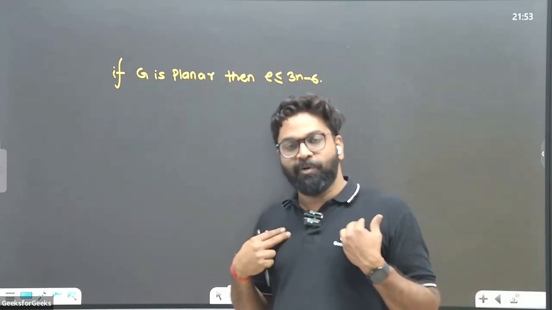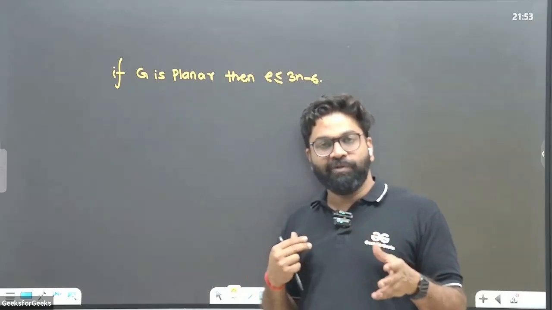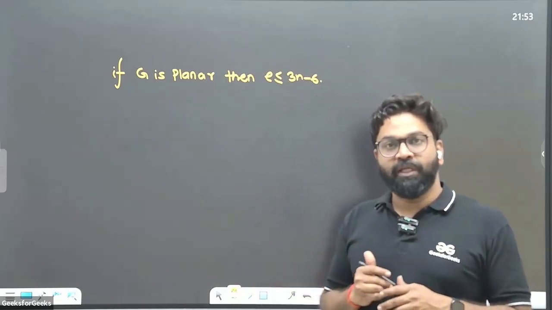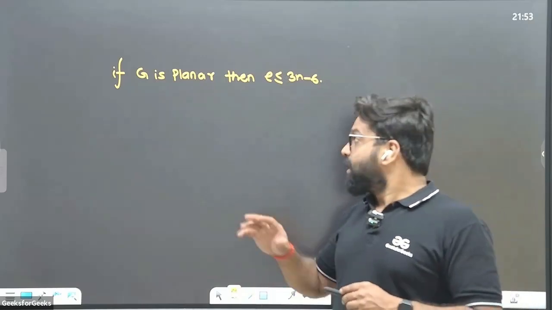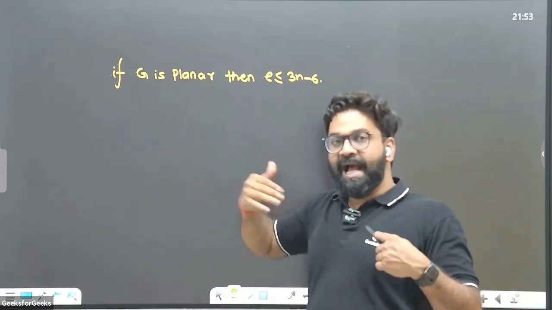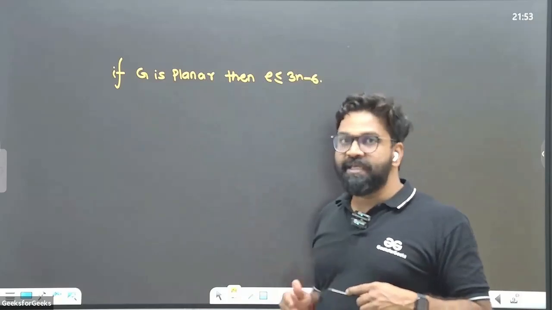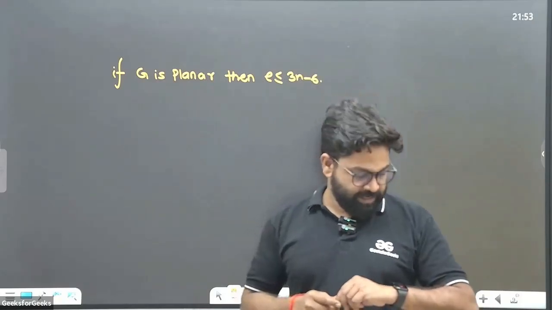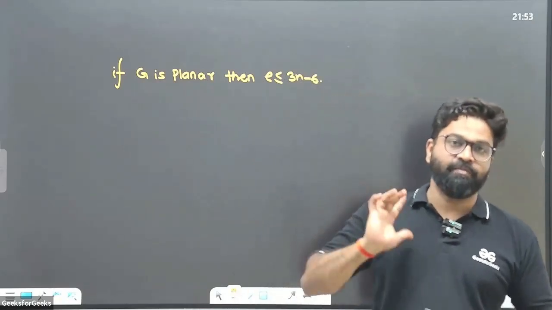If I'm confident about this, then what will happen? The most important thing to understand is, if you come up with any planar graph, but I'm unable to prove E is less than or equal to 3n minus 6, then I can say that my theorem is wrong.